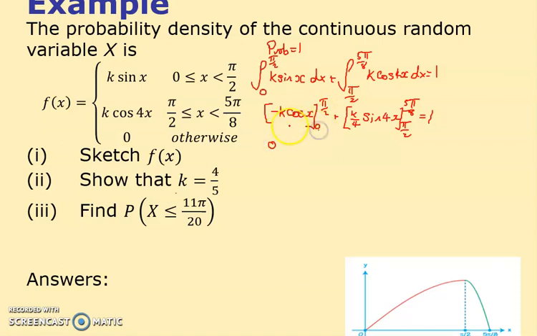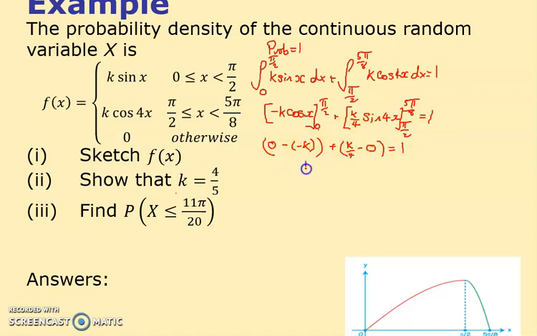But if I put 0 into cos, I get minus k there. So that's my first answer. Plus, if I put 5 pi by 8 into there, I get 1, so that's k over 4. Just check these on your calculator to make sure. And if I put pi by 2 into sine 4x, remember you're timesing these values by 4, so I get 0 when I do that. So minus 0 equals 1.